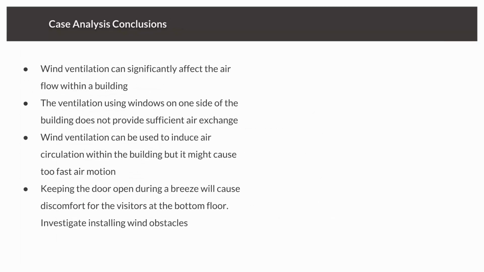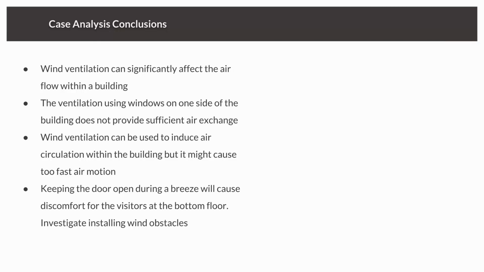So, I hope the demo showed you that wind ventilation is really significantly affected by the airflow within the building. And here the big challenge is that using windows only on one side of the building does not provide sufficient air exchange.